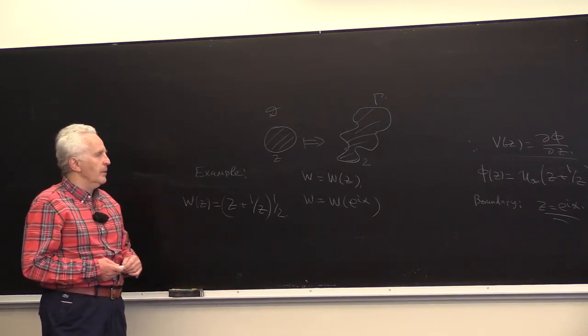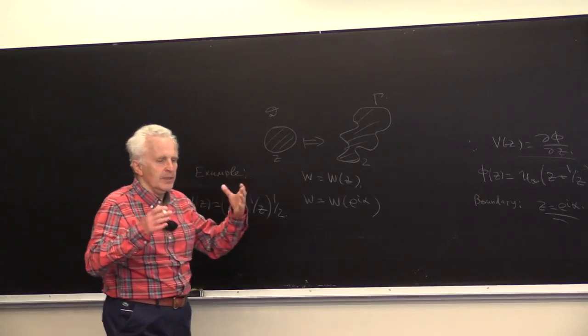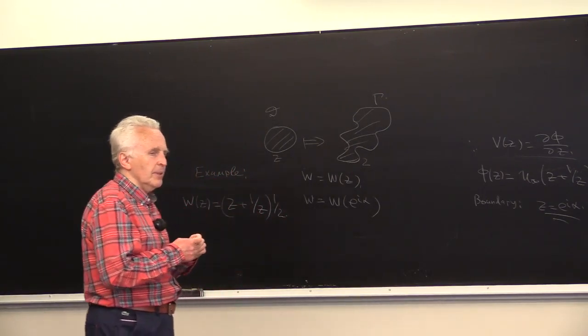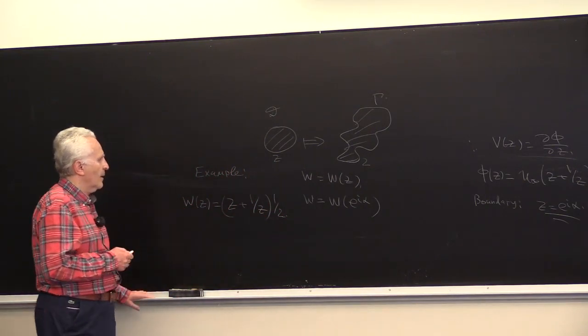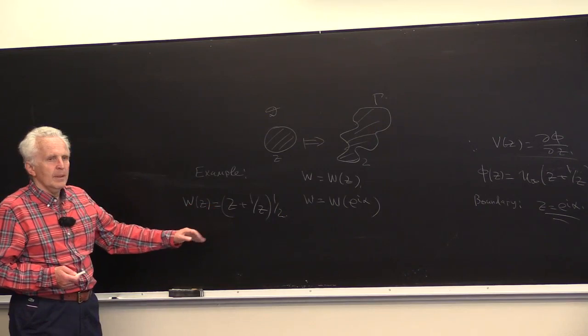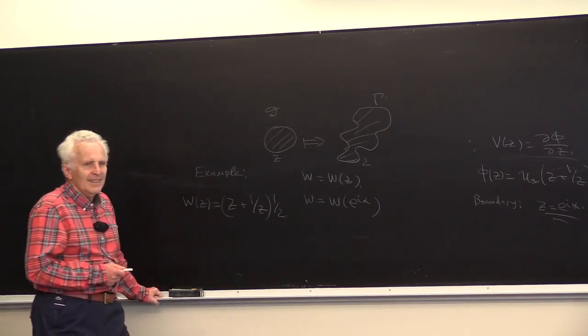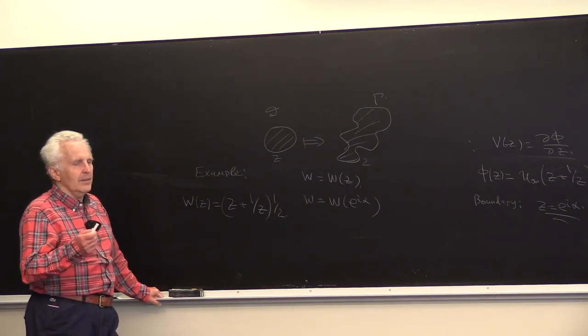What does it map to? Suppose we take a unit disk. The input is the unit disk. What is the output? First of all, everything but the unit disk, maybe. So you go from having everything with magnitude less than 1 to everything with magnitude greater than 1.